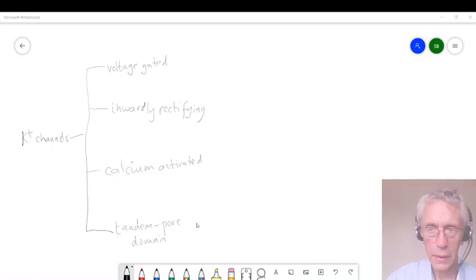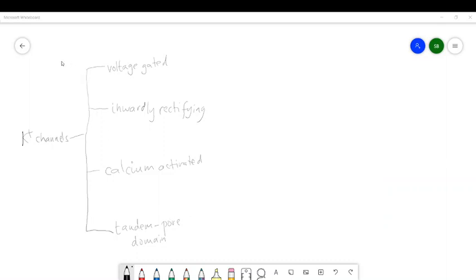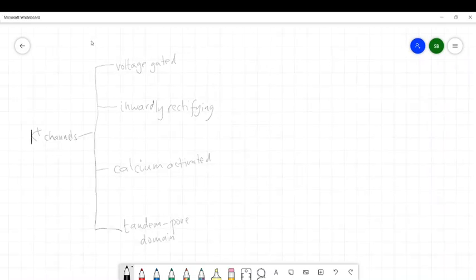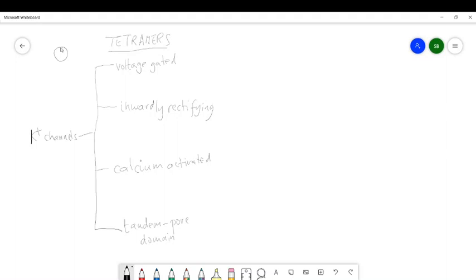So all of these are tetramers, that is to say they're formed of four subunits. Let me just redraw that because they do actually join together.